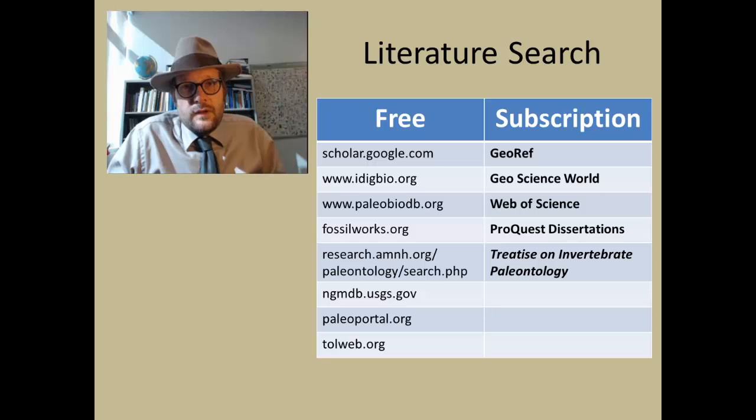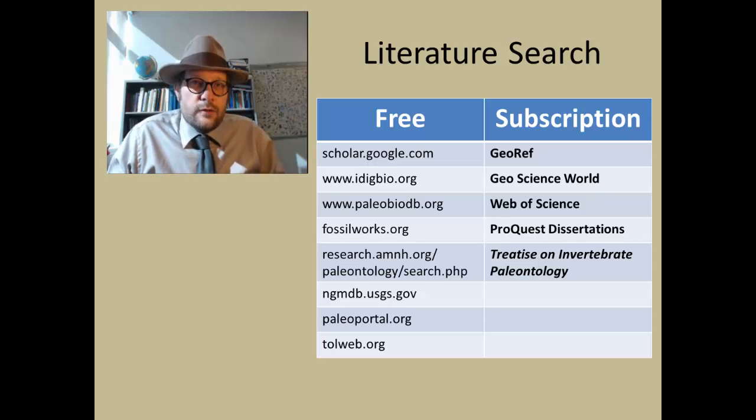So in today's lecture I'm going to go through 2 categories of literature searches that you can do. And this is beyond a typical library search that you might do with a library catalog. So we're going to talk about ones that are free on the internet that you can do that might be useful. Some of these might be useful, some of these might be not as useful, but they're all free.